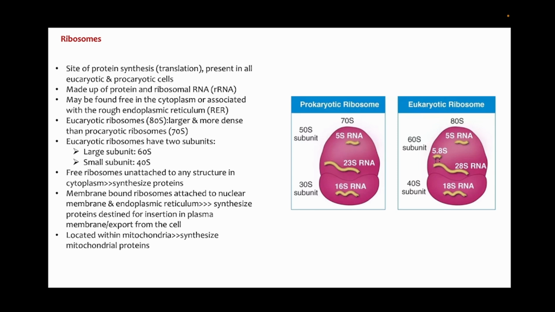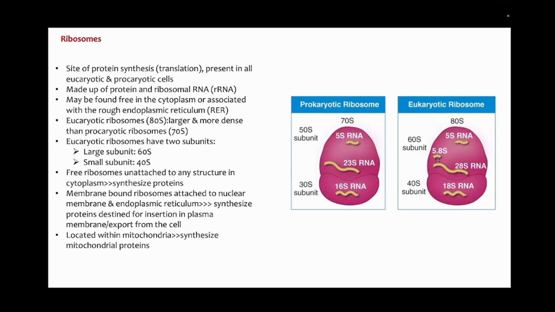Then the ribosomes are the site of protein synthesis because they carry out translation, and they are present in all eukaryotic and prokaryotic cells. So these two, you must know the difference, okay? For prokaryotes it is 70S, for eukaryotes it is 80S, and this 80S is made up of 60 and 40. The 70S is made up of 50 and 30.